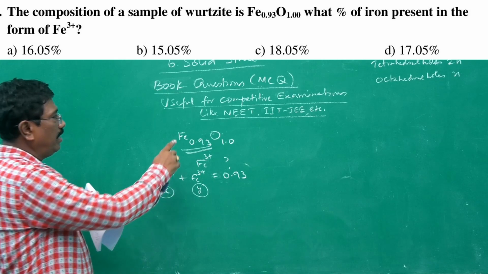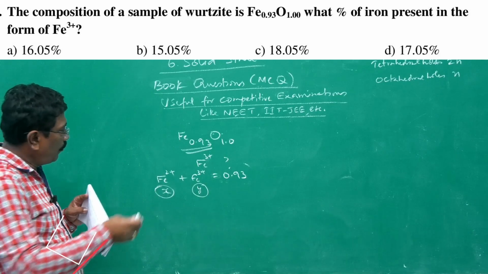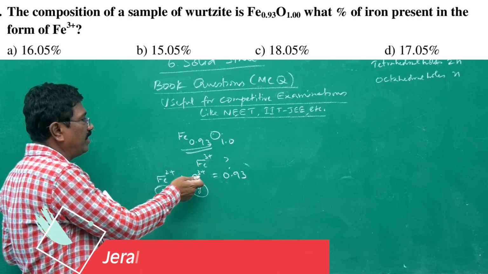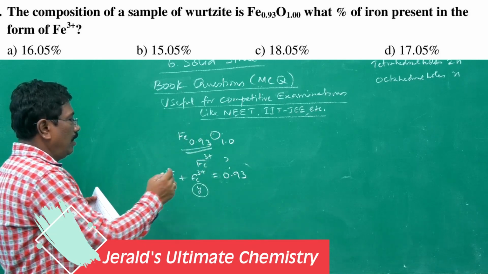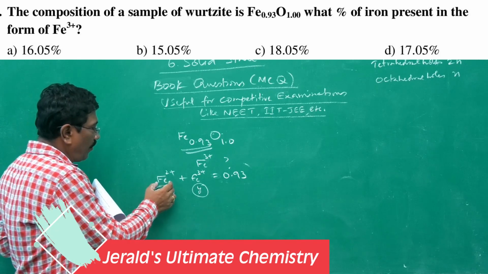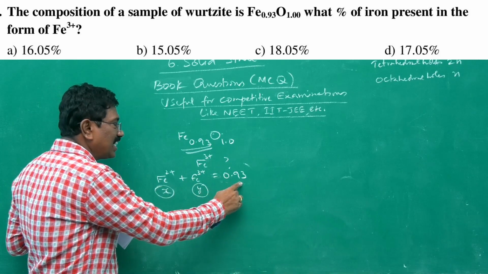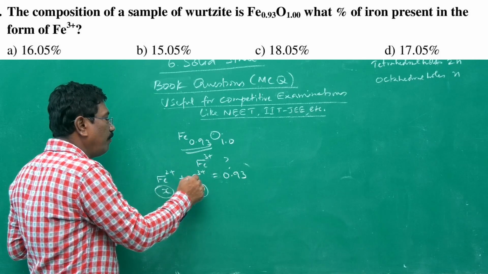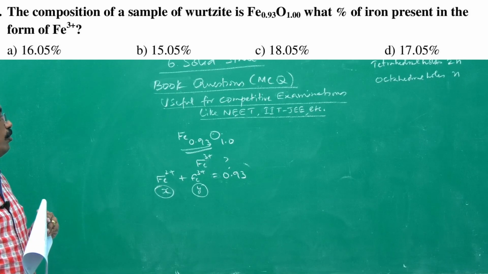Actually, if it is simply Fe2+ atoms, it will be FeO only. Since few Fe2+ are replaced by Fe3+, to make the charge neutral, the number gets reduced. So total number of Fe2+ and Fe3+ together has become less because of the intervention of few Fe3+ ions replacing Fe2+.